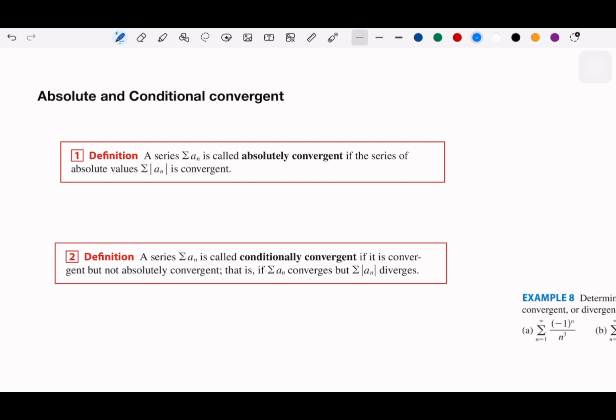It's similar to the harmonic series that we have. So if we have the alternating harmonic series and you take the absolute value for this harmonic, we have the divergent, right?